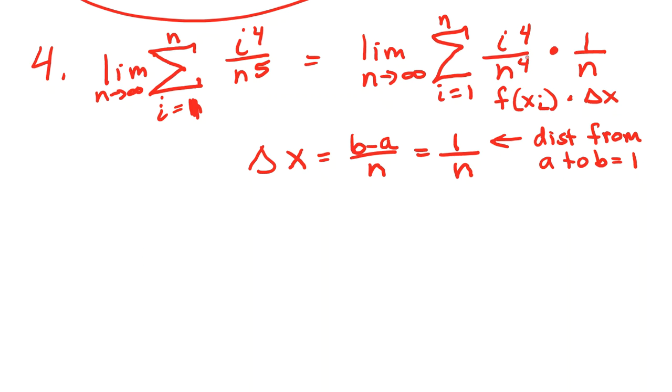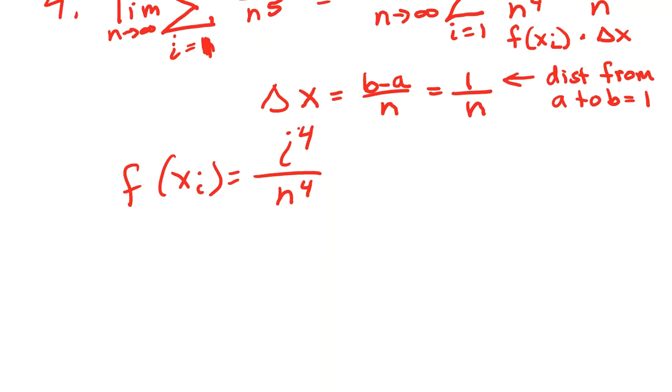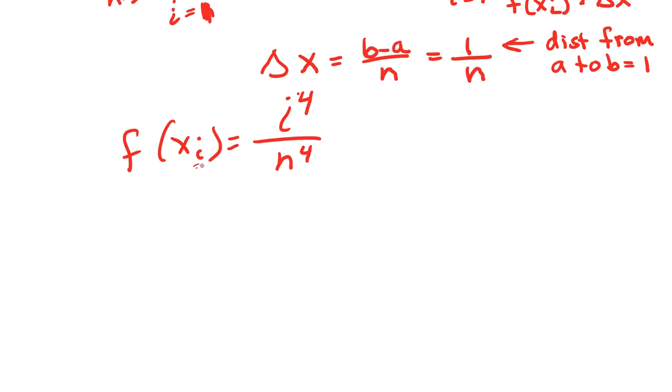And then let's take this I to the 4th over n to the 4th, and what we think that this should be then is our f of x sub I. So what do we think we might be doing here? So remember what x sub I is. We're kind of taking this apart. Our x sub I formula was a plus I delta x's.